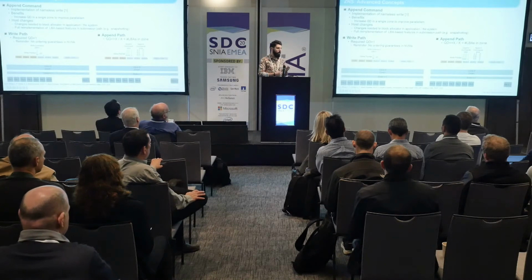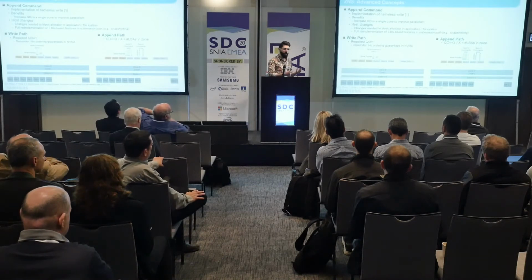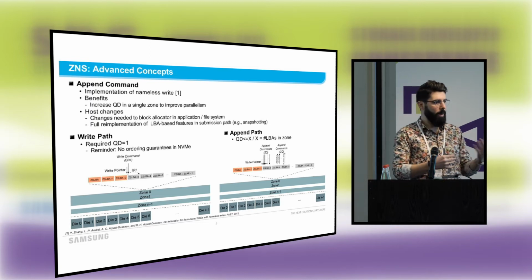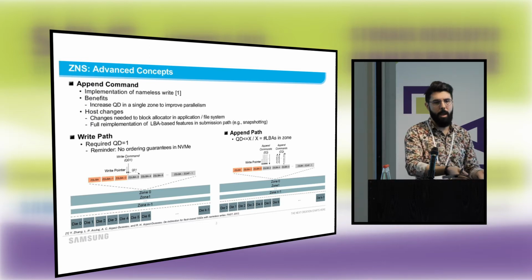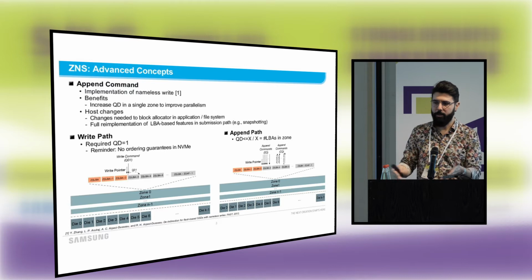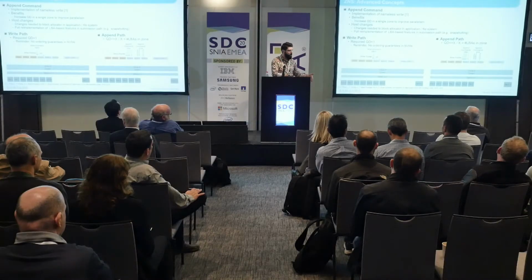In the zone context, that means that if you are an application, you can say, I want to write to zone 5, and I send a bunch of IOs without knowing to which particular LBA I'm writing. The device selects which LBA it goes to, and then it comes back. That gives you a higher queue depth, and you don't need to take care of your write pointer. Does this make sense?